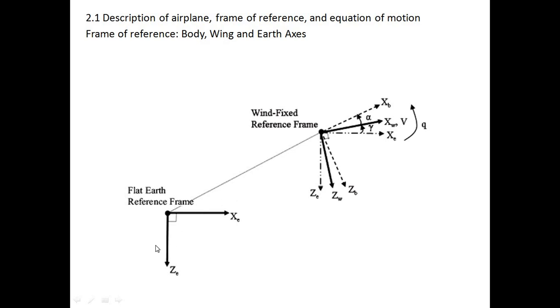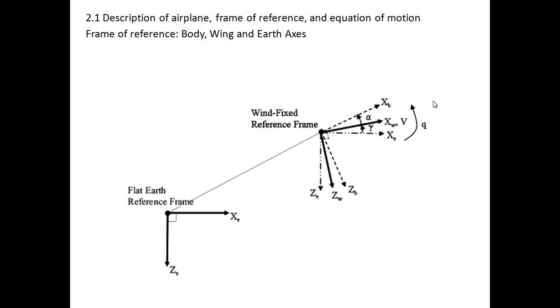If you put the Earth reference frame origin at the same origin as the body and wind axis origin, you'll find the difference. Basically the difference between the wind, which is the trajectory of the plane, and the Earth axis is called gamma, or trajectory angle.